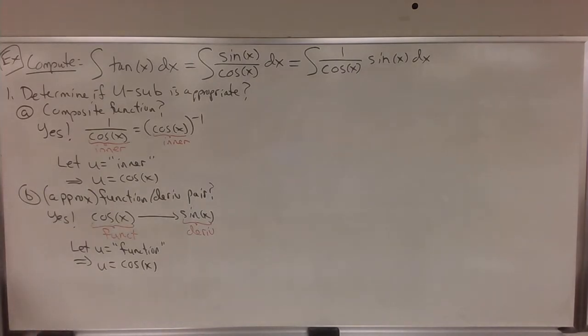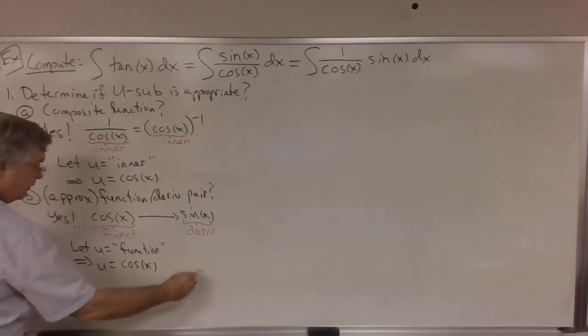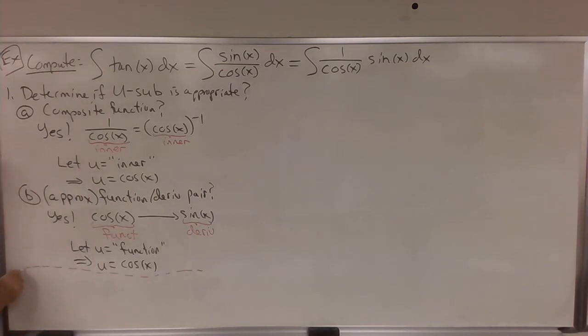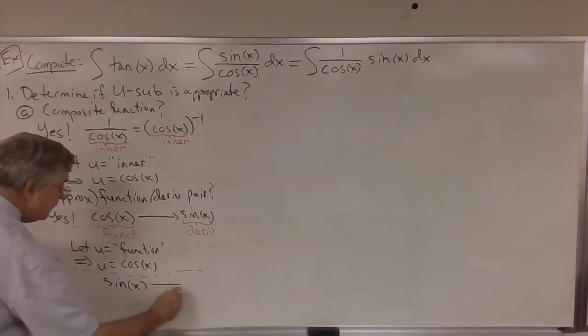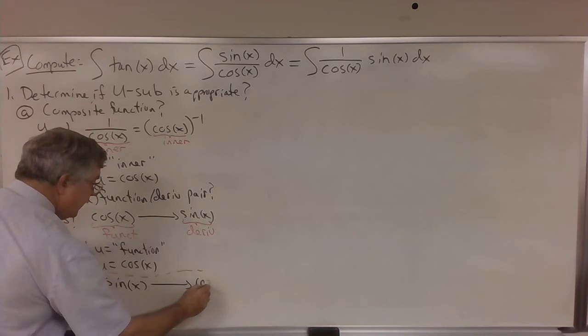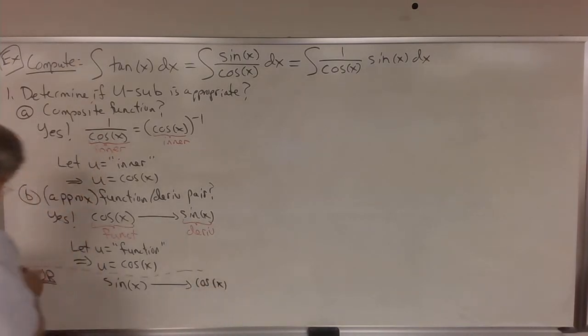Now, let's just take a look at how we could have done this a different way. We could say sine of x is our function, and cosine of x is our derivative.